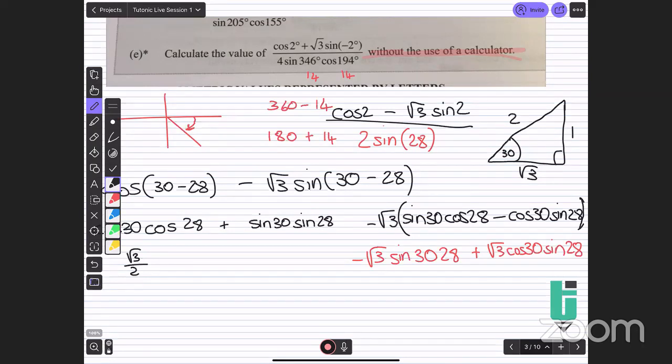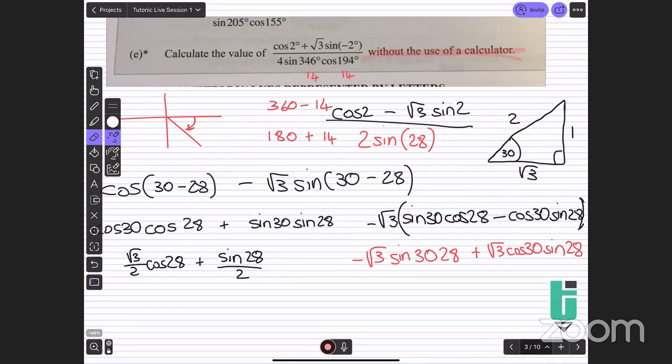Cos 28 plus a half. Sine 30 is a half, right? And then what's minus root 3 sine 30?